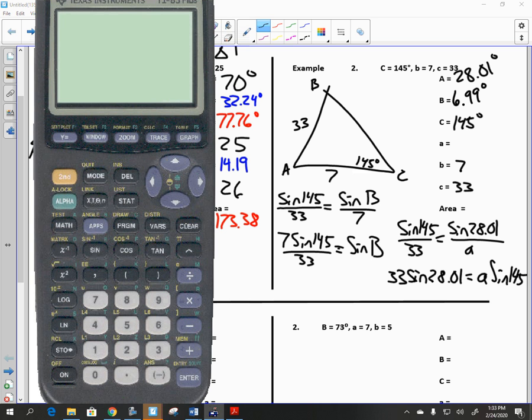What I end up doing, and I just try to get to a point where I don't have to write it down every time, is the two that I multiply together and I divide by the other one. So 33 sine of 28.01 in parentheses, divided by sine of 145. And I get 26.02.